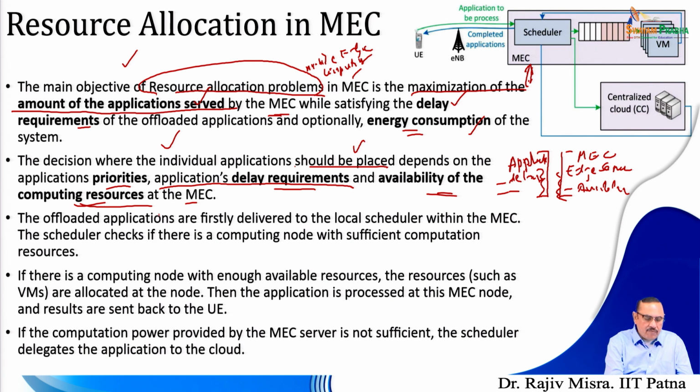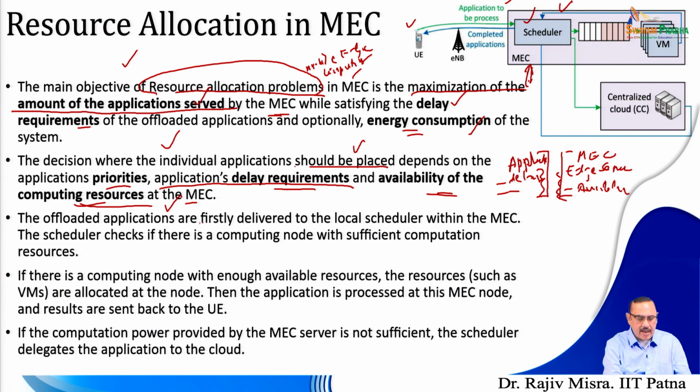Now, offloaded applications are firstly delivered to the local scheduler. Here you can see in this example, this user equipment has the application to be processed. So, what will it do? It will first give it to the scheduler.